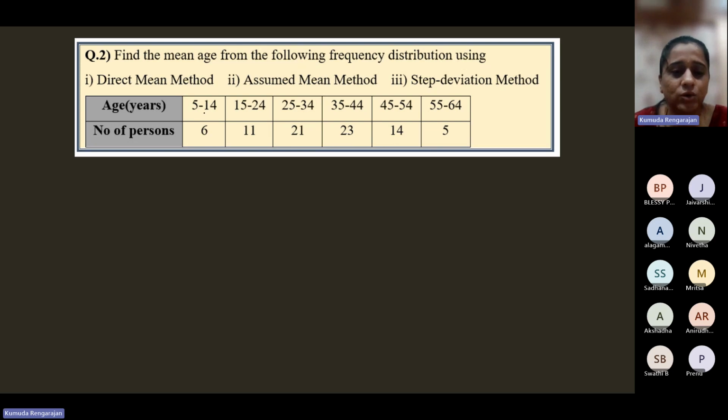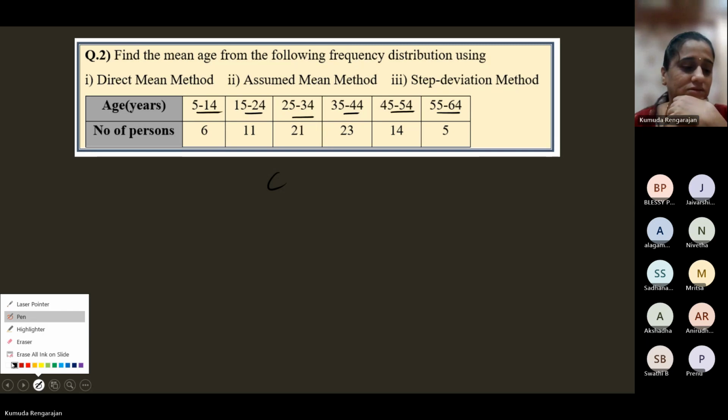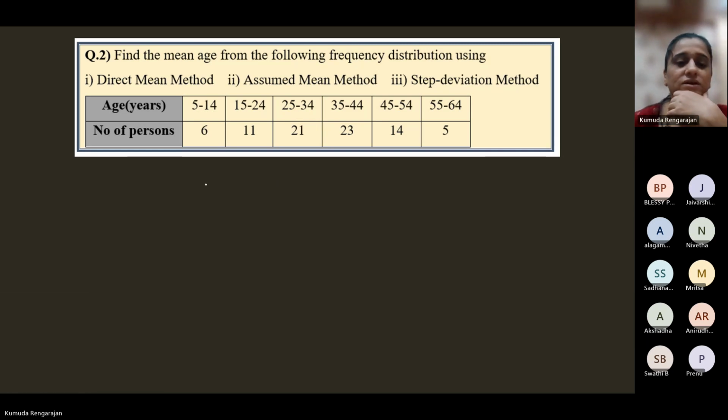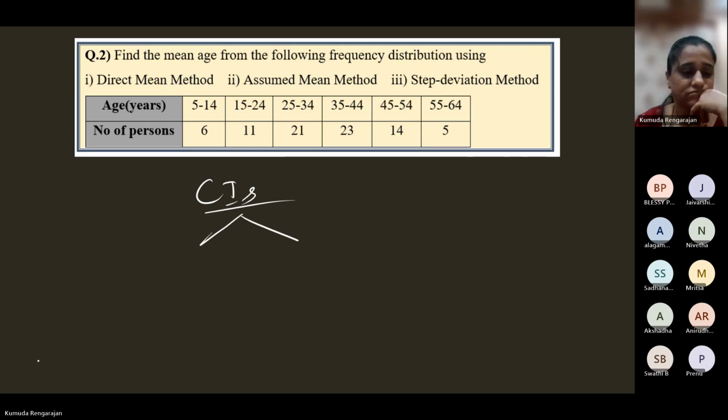Now, look at the class intervals. Who can recall the 2 types of class intervals we have? Class intervals are of 2 types. What are the 2 types of class intervals?